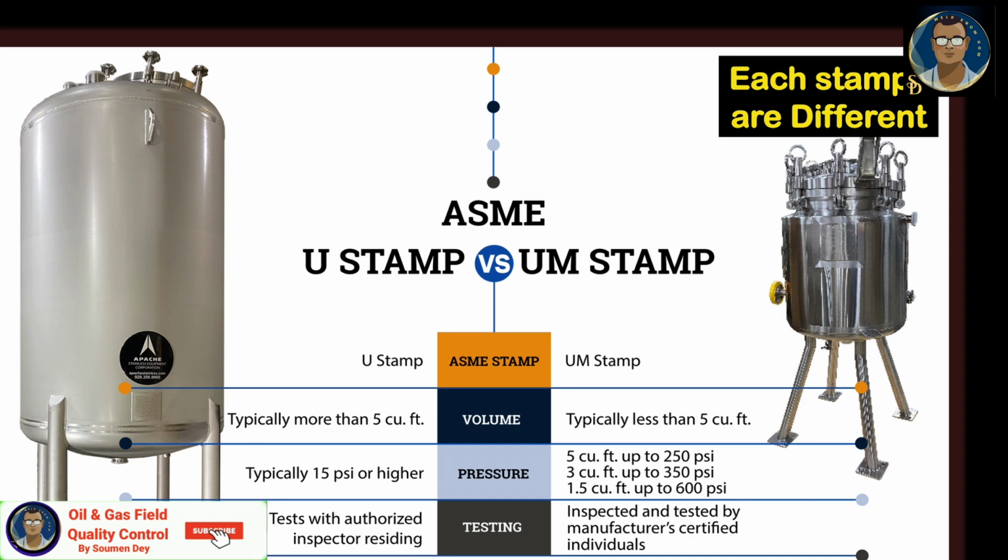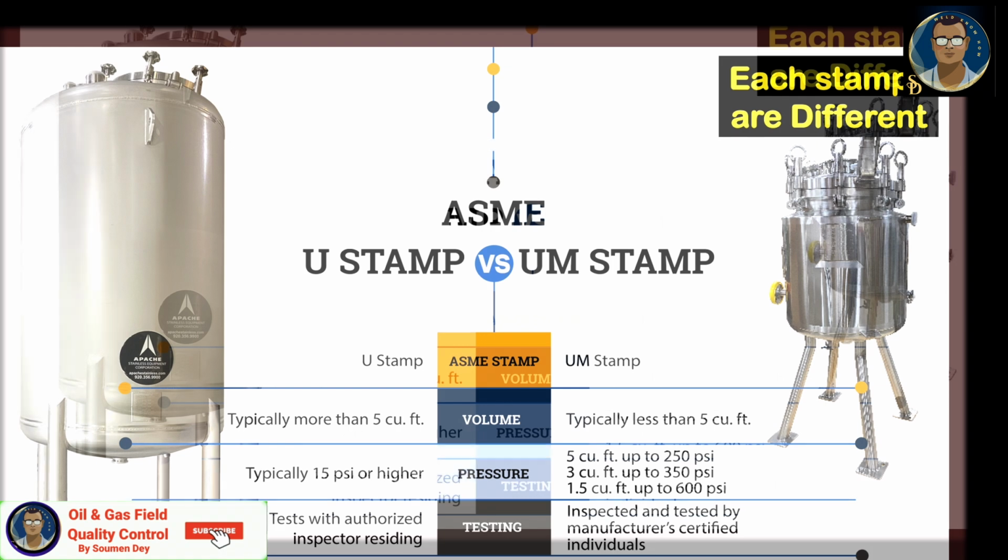UM stamp is 5 cubic feet up to 250 psi, 3 cubic feet up to 350 psi, 1.5 cubic feet up to 600 psi. And the testing: the U stamp vessel should be tested with an authorized inspector who is resident, and for the UM stamp, inspection and testing is done by the manufacturer's certified individuals.